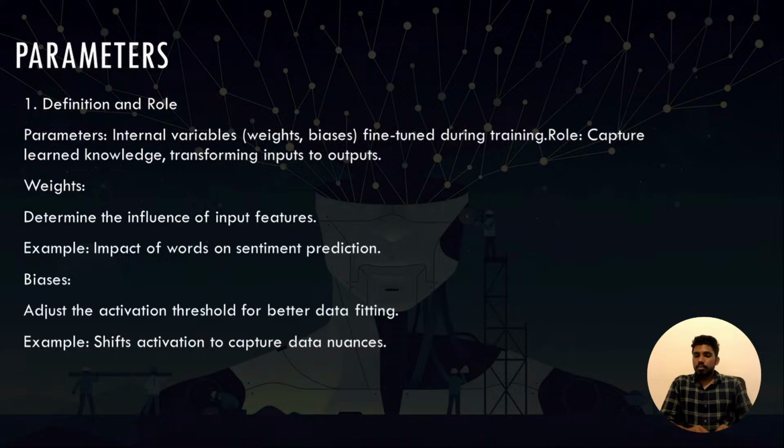The other component is parameters. What does parameter mean? Parameter means internal variables like weight and bias. In this large language model, there is a bunch of neural networks. That is the architecture of these LLM models. For these neural networks, there are variables called weight and bias.